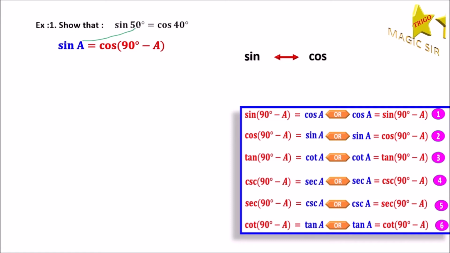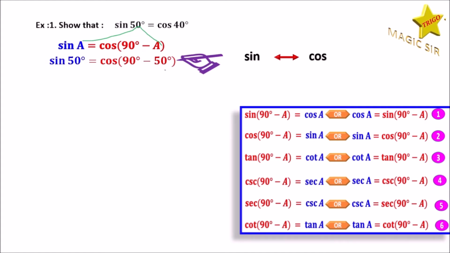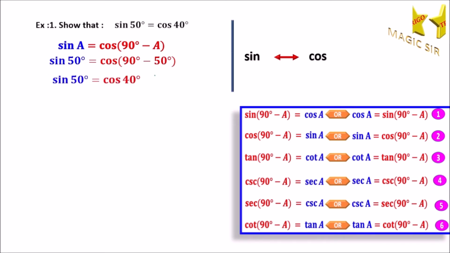So sin 50 degrees is equal to cos 90 degrees minus 50 degrees. Here A is equal to 50 degrees. Therefore, sin 50 degrees equal to cos of 40 degrees because 90 degrees minus 50 degrees is equal to 40 degrees.